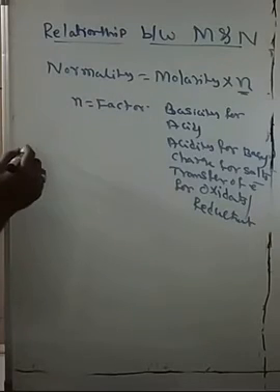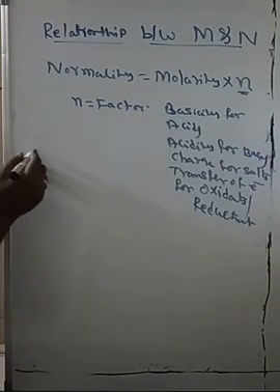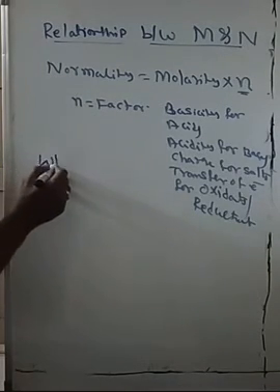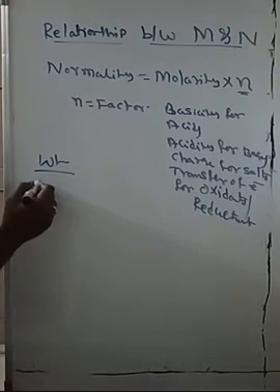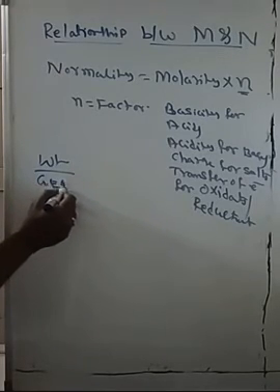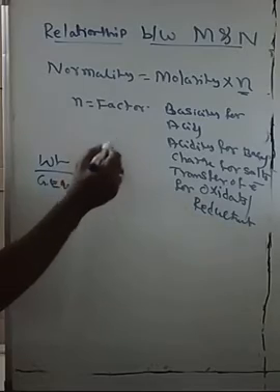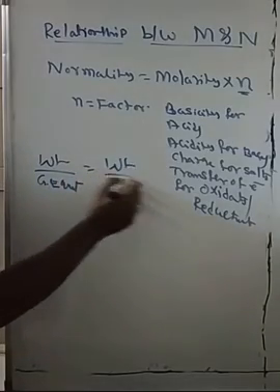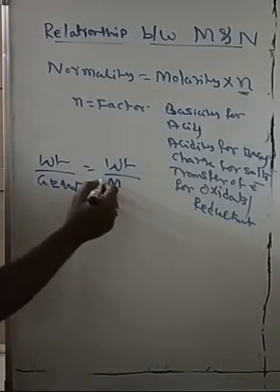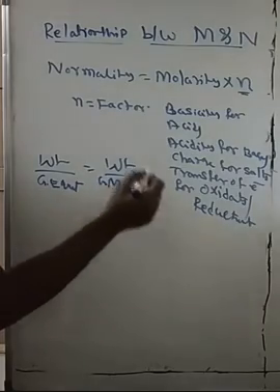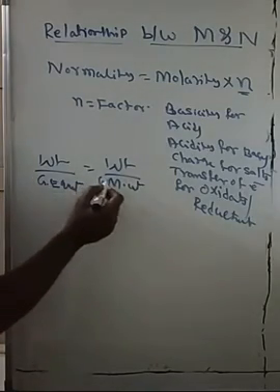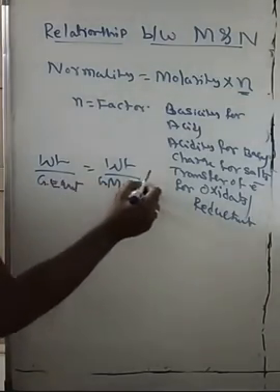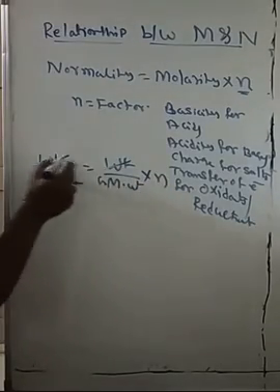Second, for normality you use the formula weight by gram equivalent weight, and molarity is equal to weight by gram molecular weight. So this is molarity, and normality is molarity into N factor. The weight gets cancelled.